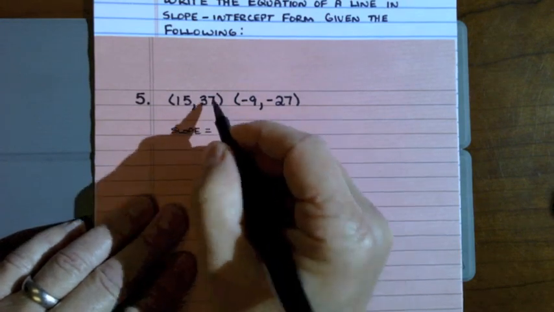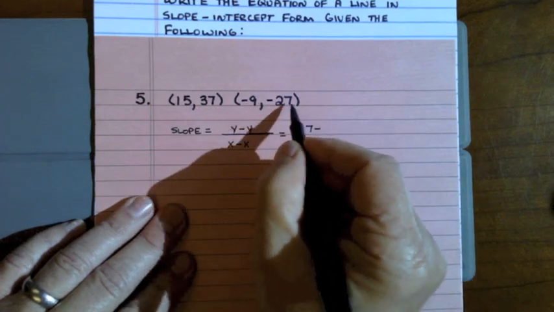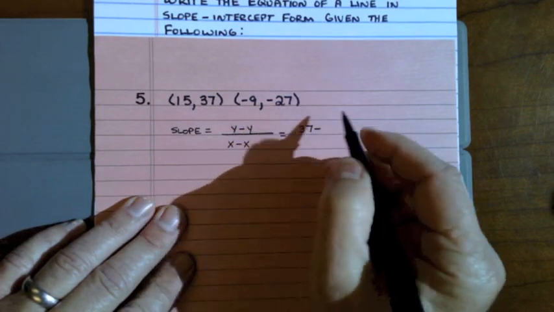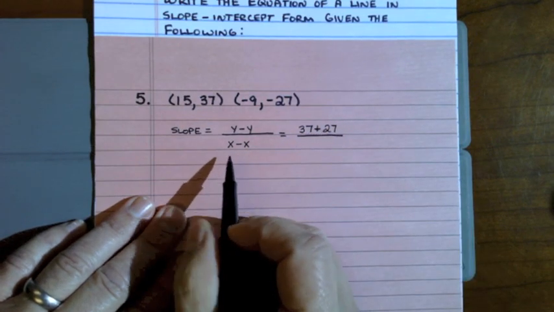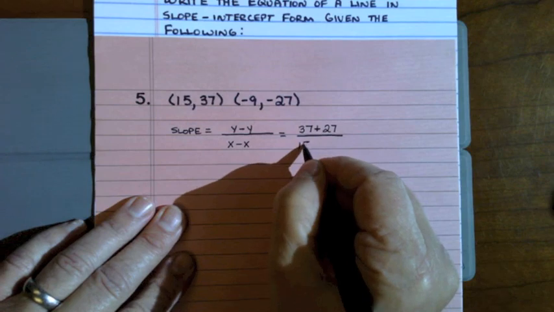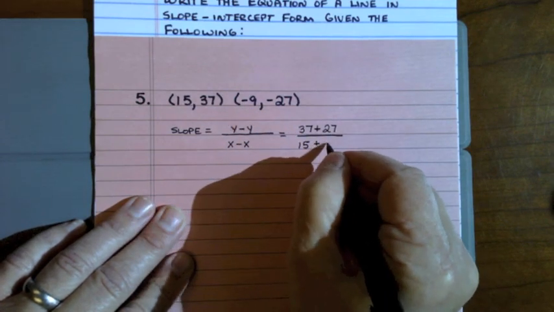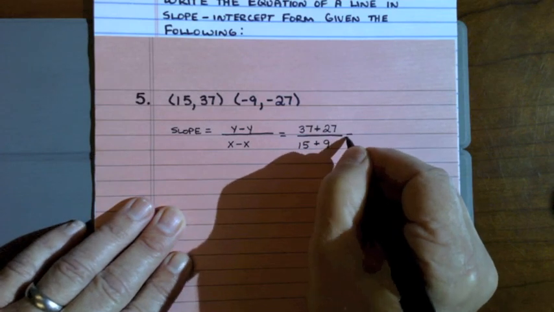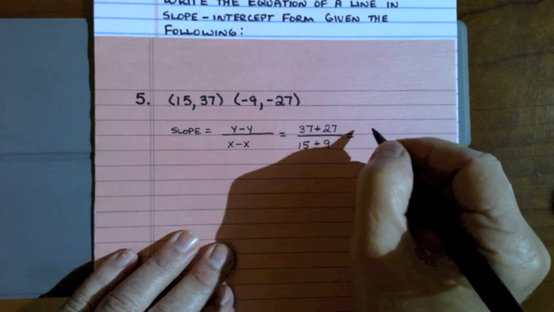My first y is 37 minus my second y. Well, that means the opposite of this, positive 27. My first x is 15 minus, well, I've already got a minus and a minus make a positive. 37 plus 27, 64.